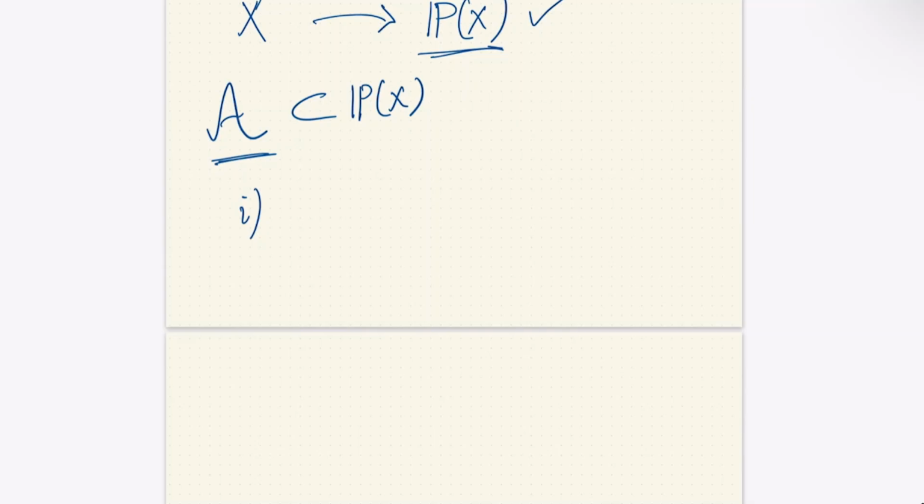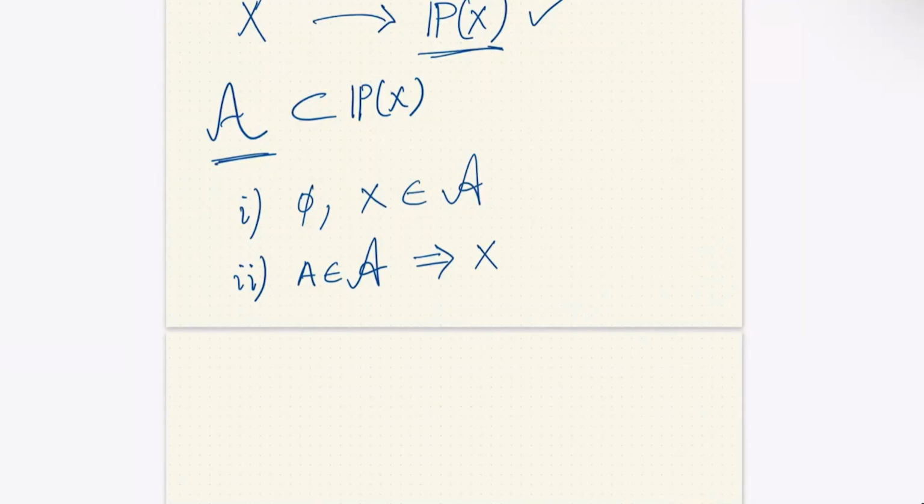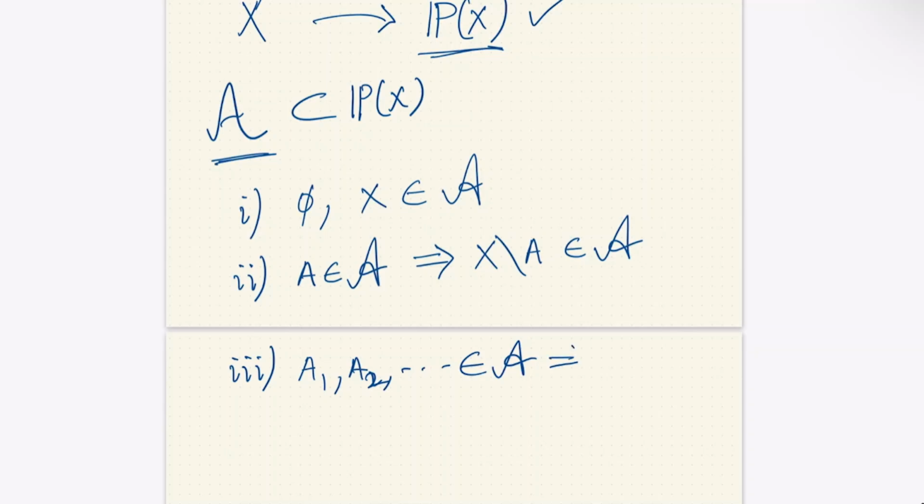One, the empty set and the whole set should belong to A. Second, if a set A belongs to this collection, then the complement of A should also belong to it. Third, if you have countably many sets A1, A2, and so on belonging to this sigma algebra, then the countable union of all these must also belong to the same.